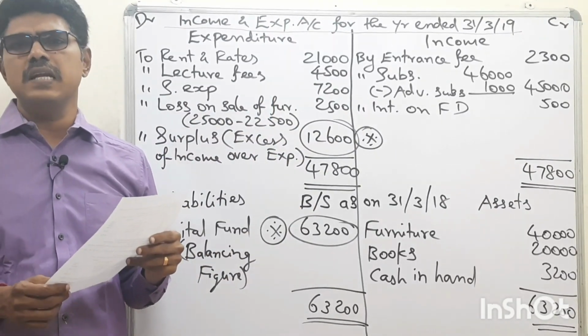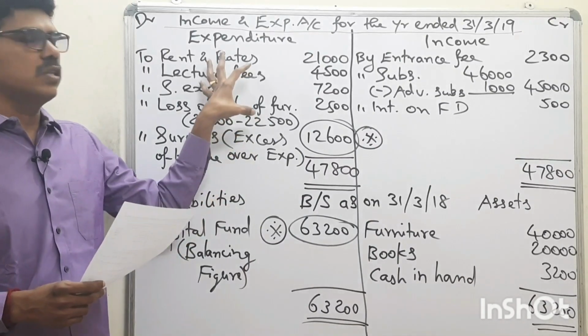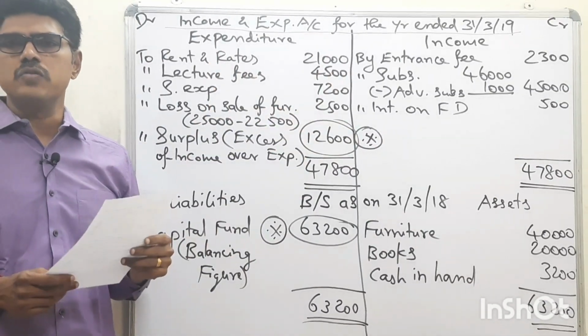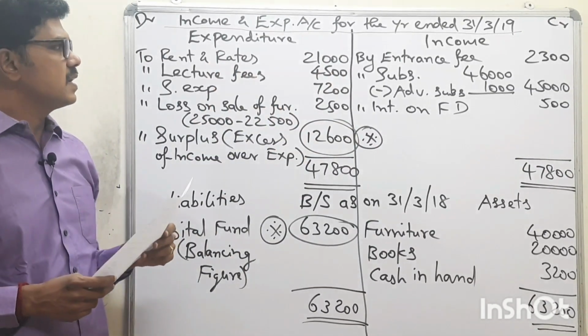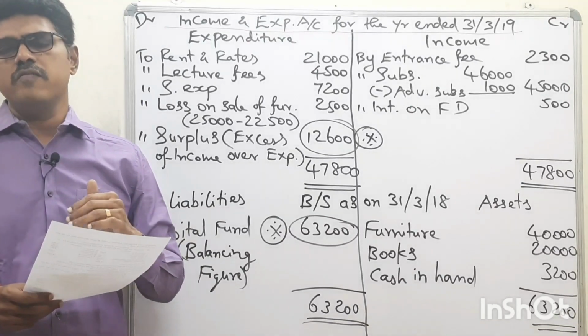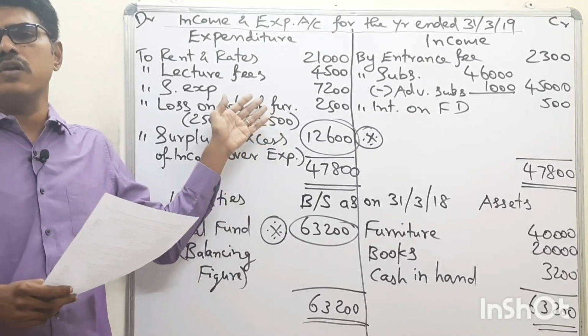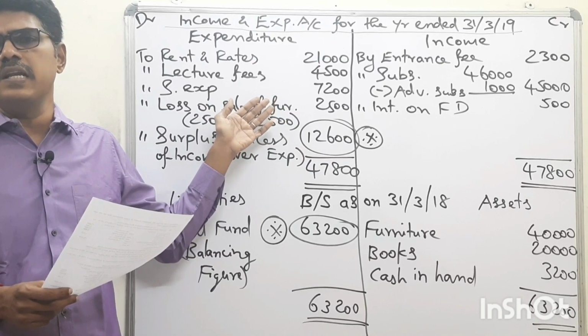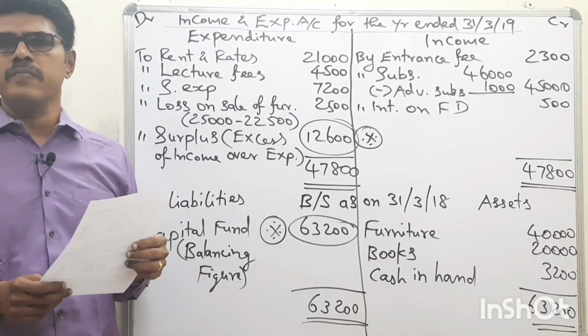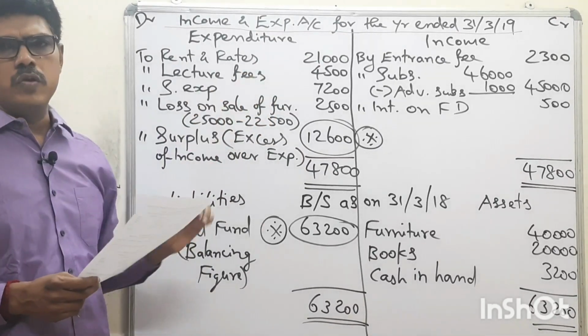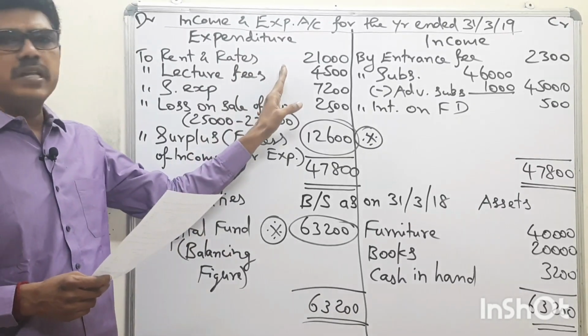Whenever we record transactions in the expenditure side or income side, we should see whether there is any additional information related to the transactions we are recording in the accounts. If there is any additional information, then we should see whether we are going to add a particular amount to the transaction or subtract it. Then we should write the amount in the inner column.